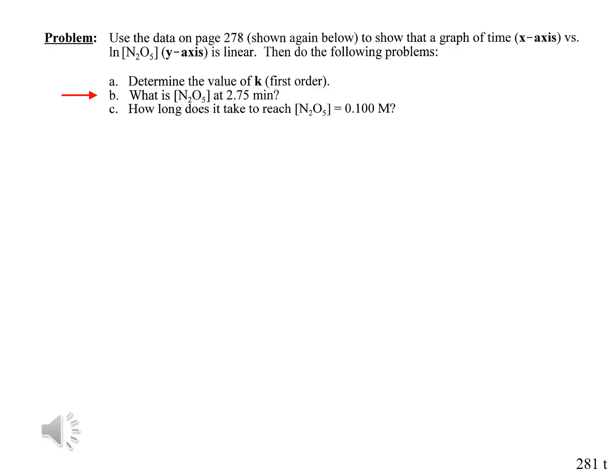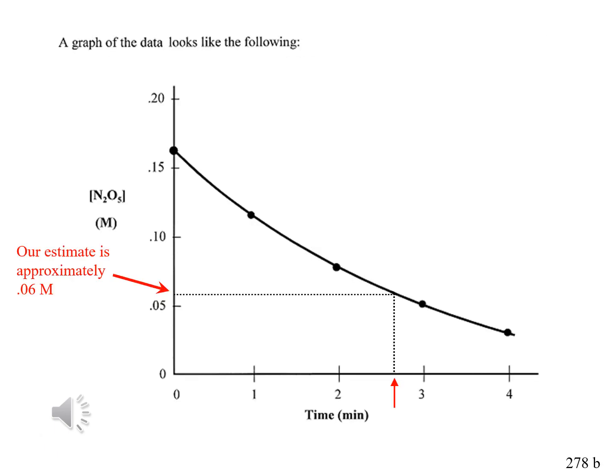But now that you know the k, you can do a couple of other kinds of problems. Part B here says, what is the concentration of N2O5 at 2.75 minutes? I graphed this because I wanted to show it first.